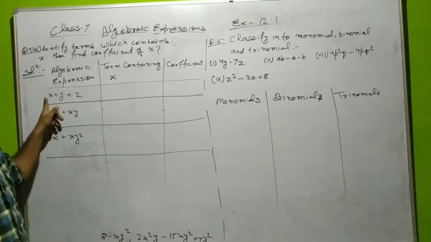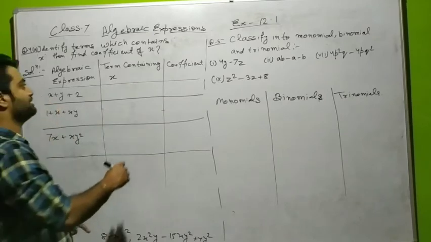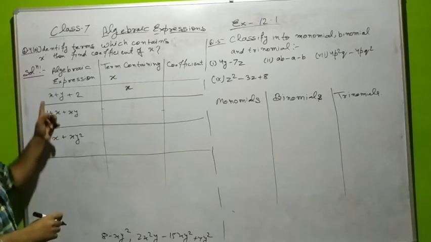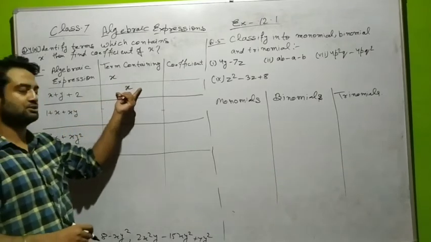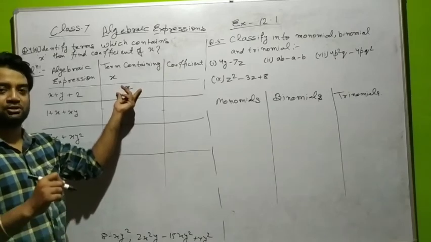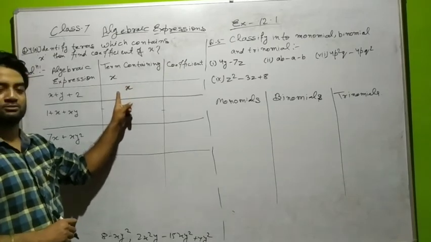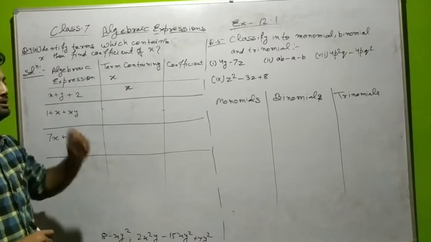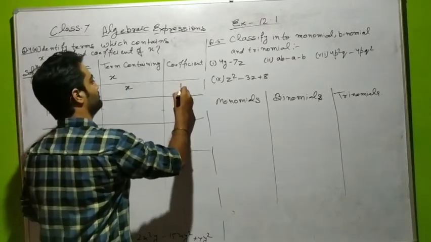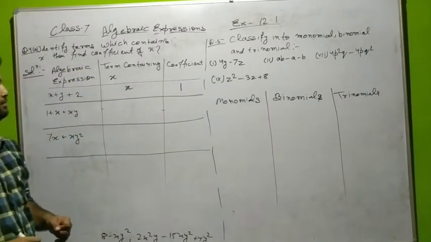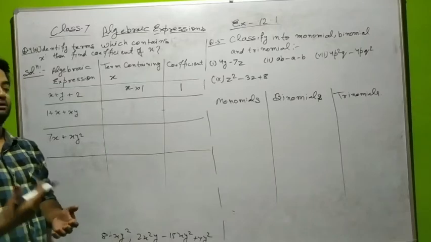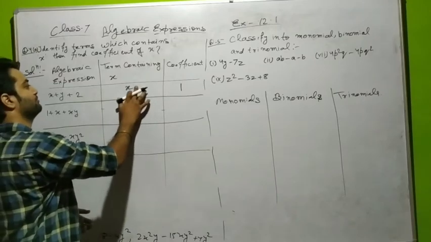Only the first term has x, so we will write that the term containing x is x only. Now in this term, we have to find the coefficient of x. Since there is no written coefficient, the coefficient will be 1, because we can write it as x into 1, as I have told earlier in our videos.